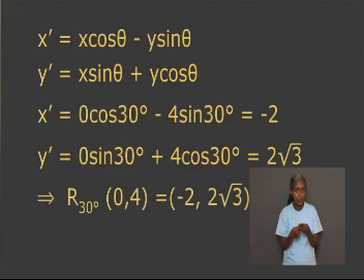Therefore, the image of a point at 0, 4, is at negative 2 and 2 times the square root of 3. I do not imagine you had much trouble with this exercise, students.